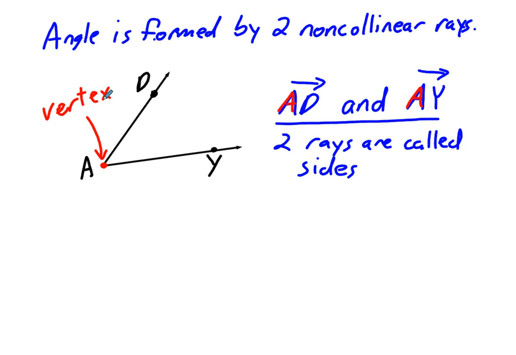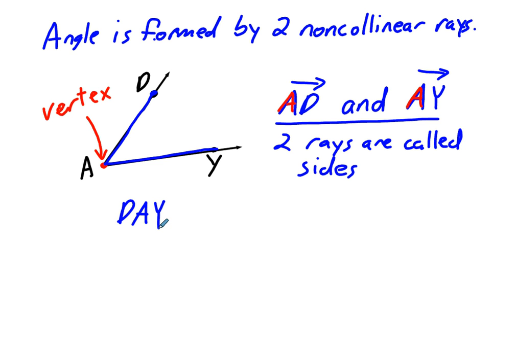When we name the angle, we start with one of the sides. It doesn't matter which side we start with. So let's start here at point D and trace our angle: D down to A, out to Y. So we would name this angle DAY.